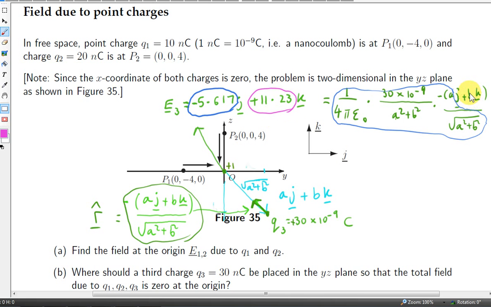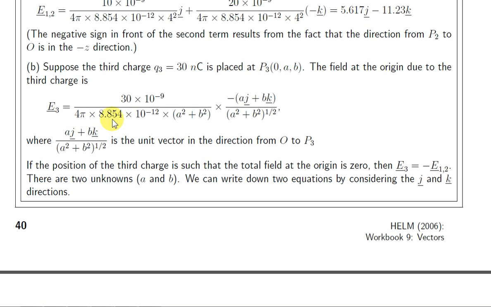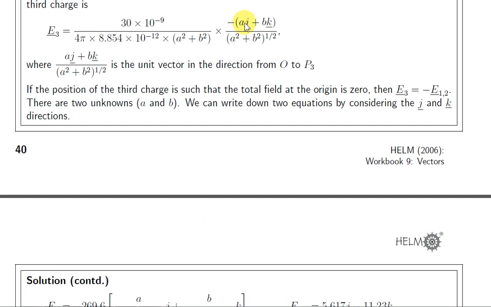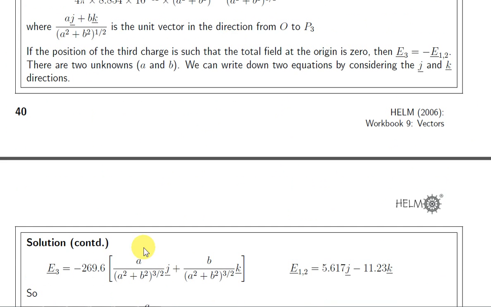So the K component involves B over root A squared plus B squared, and of course this quantity here. So here we have 1 over 4 pi epsilon 0. We can multiply A squared plus B squared by A squared plus B squared to the power of a half, and that gives us A squared plus B squared to the power of 1.5. And as for the J component, we've minus A in front of it. Well, there's A, the minus sign has been taken out.